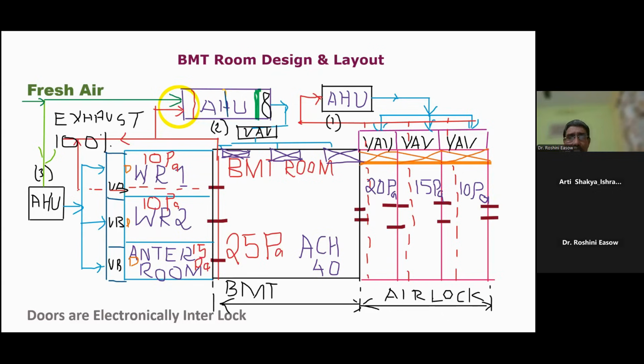Unless the HVAC system is proper and monitoring is under automation, a real threat will come to the patients. Whatever I'm discussing with you is in brief, but it is not easy to design a bone marrow transplantation room. This is a part of cancer treatment today.